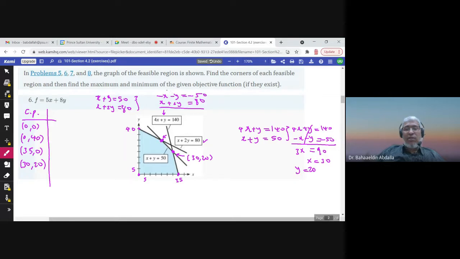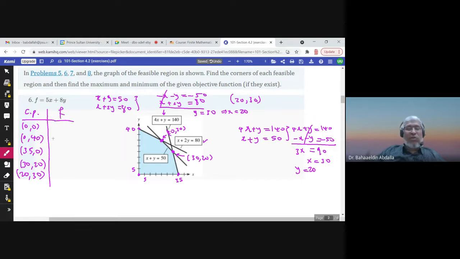When I add, I get 2y minus y, that's y, equals 80 minus 50, that's 30. And then x would be 50 minus 30, 20. So the point is 20, 30. So 20, 30 is also another corner point. So these are the 5 corner points.